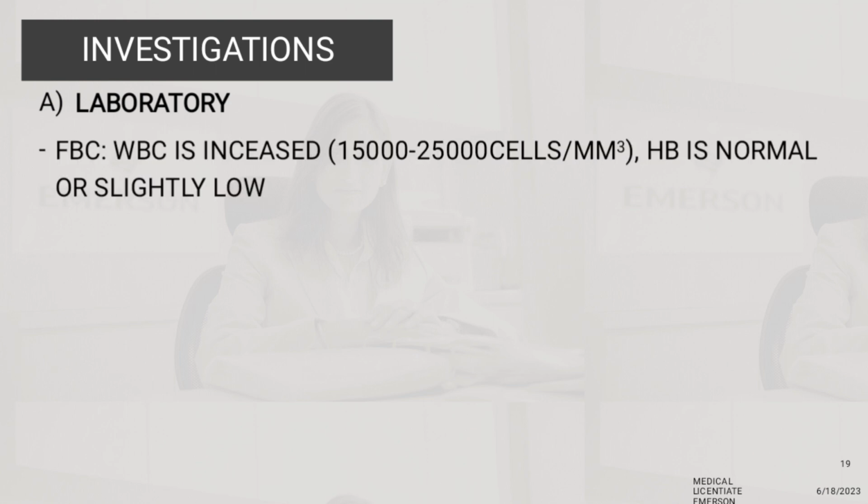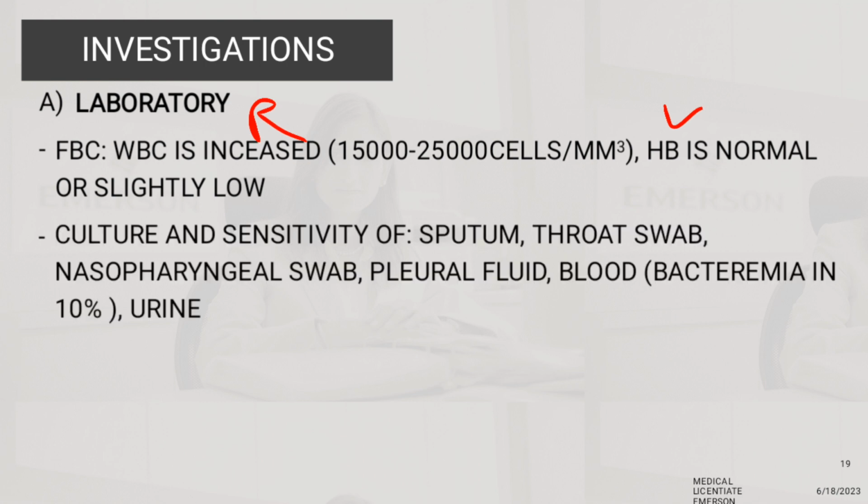In the laboratory, you can have full blood count where we have the white cell count, which will be increased. So the white blood cell count will be increased, a range can even be given of 15,000 to 25,000 cells per cubic millimeter. Then the other finding is that the Hb can be normal or slightly low.